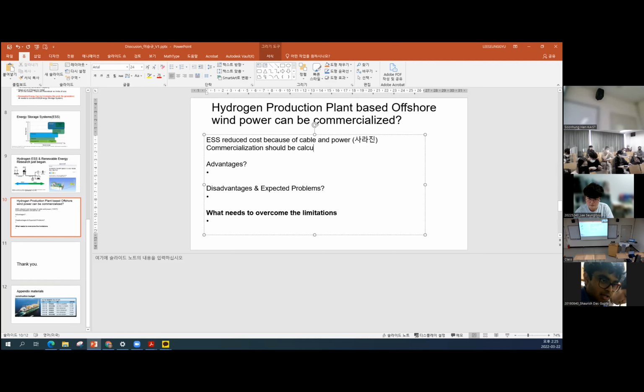It can be a point to be considered if it's commercializable or not. Basically, we don't only consider the cost itself, but also the power generation and everything else, the placement.